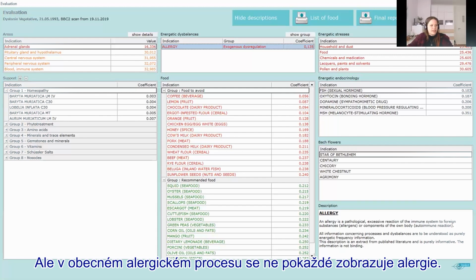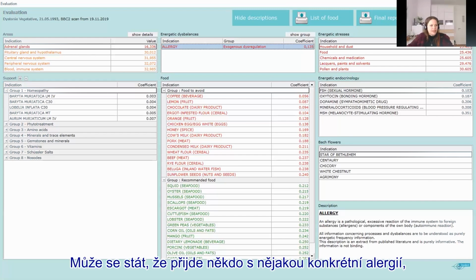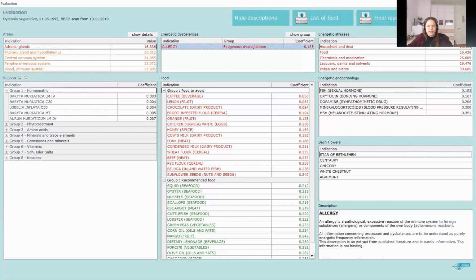We don't have allergy showing every time, but when it shows like this, you should check the energetic stresses as well. It can be that someone comes with an individual or specific allergy and it doesn't show up in the BBC2 because it's still not a high priority.